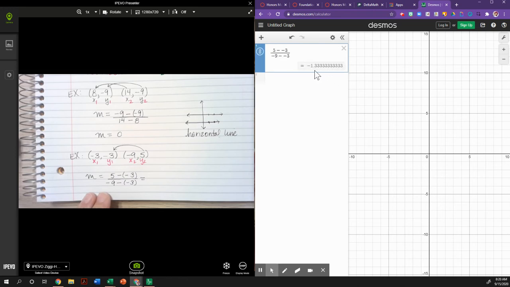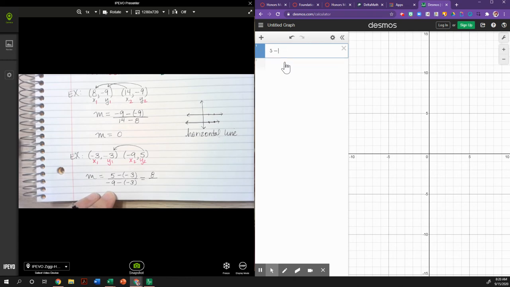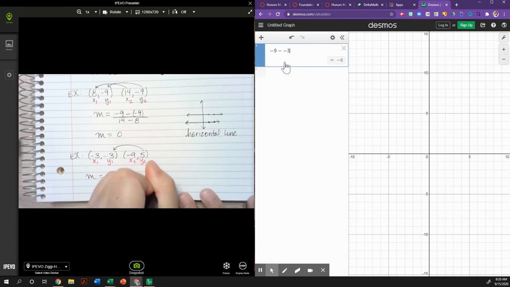I get negative 1.33333. Desmos has a hard time converting things back to fractions. So if I'm not comfortable with adding and subtracting negative numbers, 5 minus negative 3 gives me 8, and negative 9 minus negative 3 gives me negative 6.